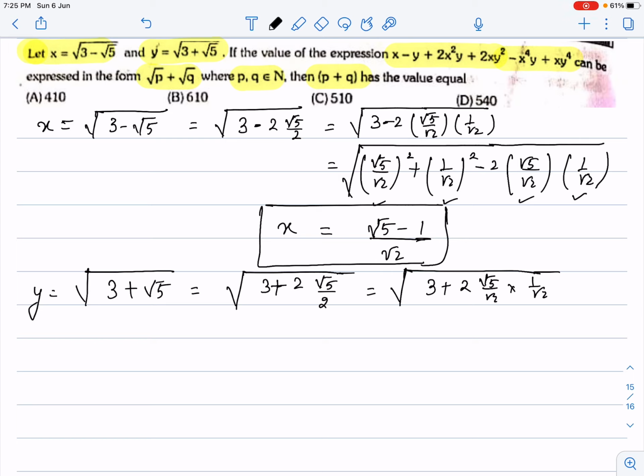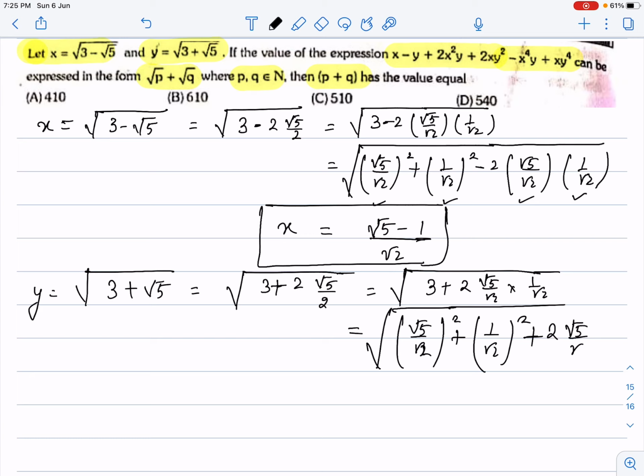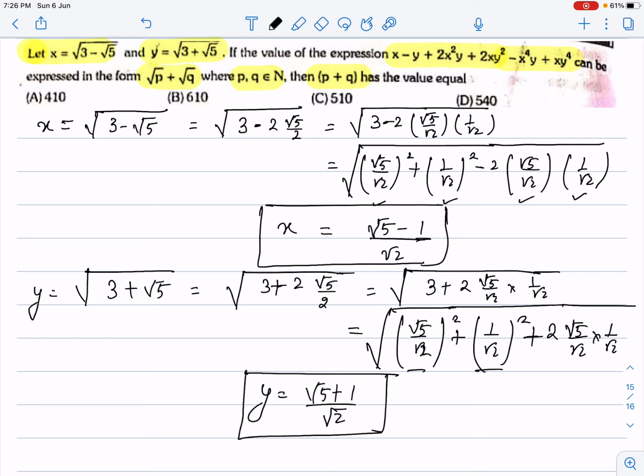Now it can be further simplified by writing root 5 by root 2 the whole square, that is 5 by 2, plus 1 by root 2 the whole square, that is 1 by 2, and 5 by 2 plus 1 by 2 becomes 3. So 2 root 5 by root 2 into 1 by root 2, and that is a square plus b square plus 2ab, so it can be written as y is equal to root 5 plus 1 by root 2. So I got the value of x, I got the value of y.